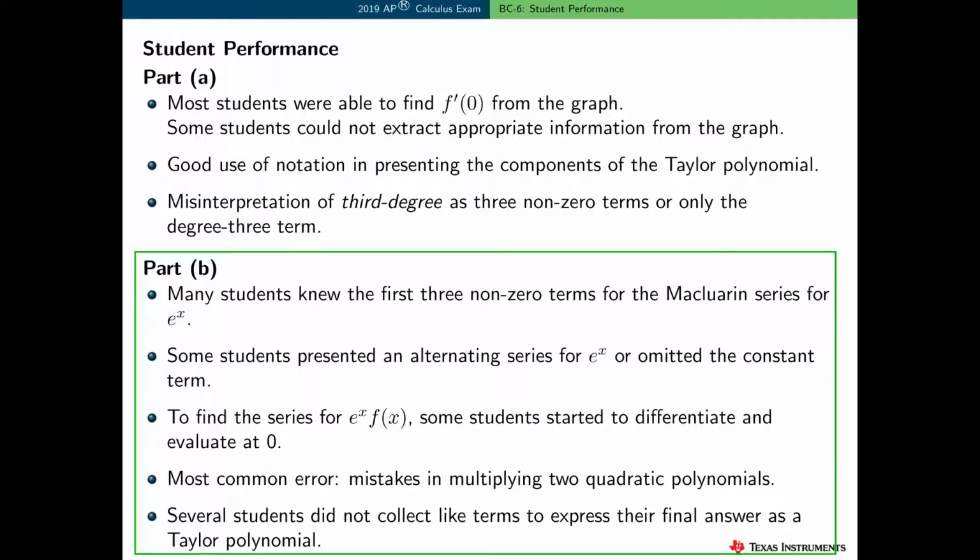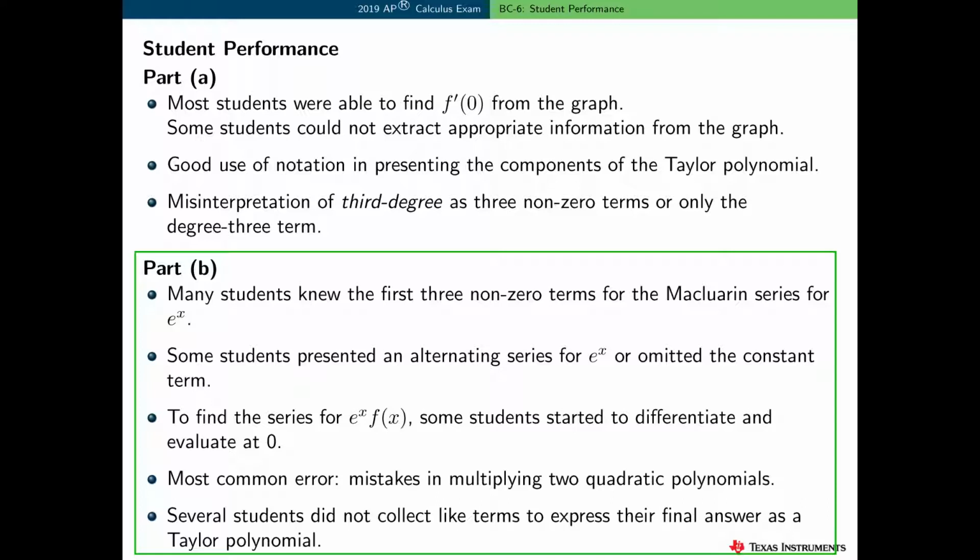In Part B, many students knew the first three non-zero terms for the Maclaurin series for e to the x. However, some students presented an alternating series for e to the x, and some omitted the constant term. To find the series for e to the x times f of x, some students actually went back to the general formula for a Taylor polynomial, and therefore they needed derivatives.